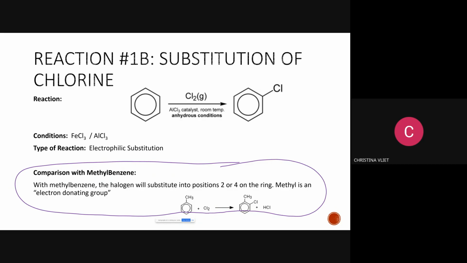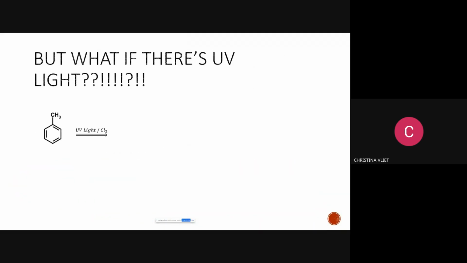Now, the next reaction, this is officially a new reaction. What if there's UV light instead, and not a catalyst? Because technically, this is something we did in AS. What would you do if there was UV light and Cl2? Does it break the double bonds and add Cl? Nope. That's not what UV light does.